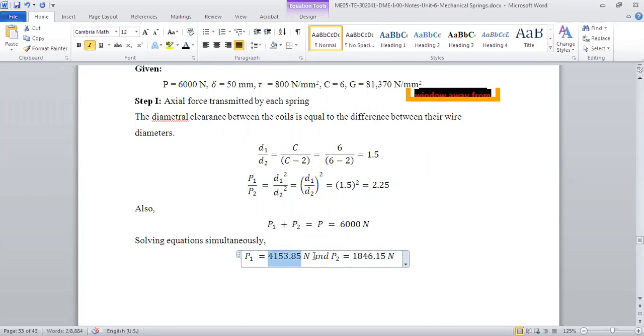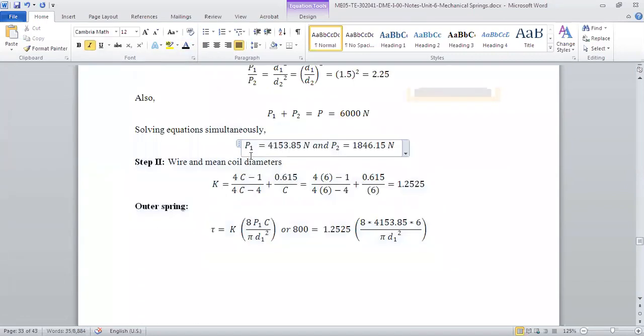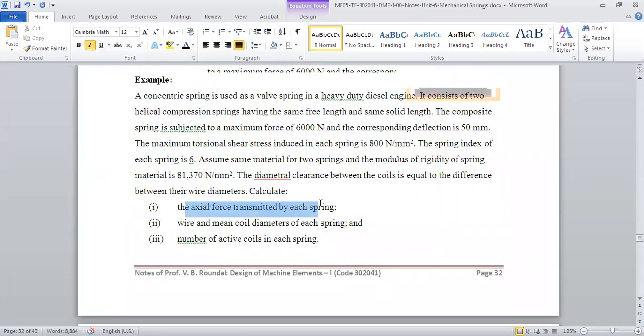If we add these two, it comes to 6,000. So we have found the load taken by each spring, P1 as 4153 Newton and P2 as 1846 Newton. Okay, so we completed the first part.